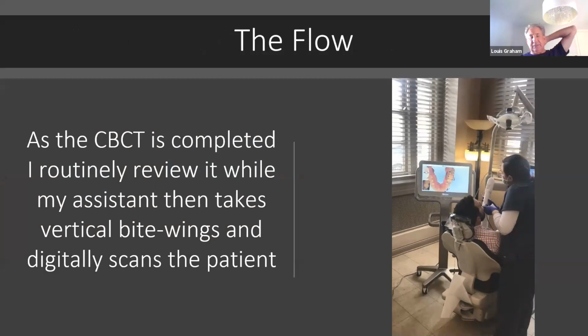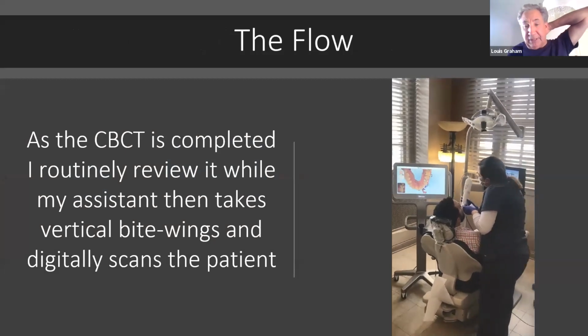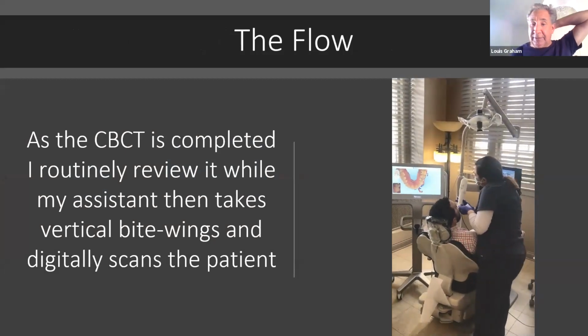So what happens is the cone beam's up, and I'm reading the cone beam while my assistant is digitally scanning the patient and taking vertical bite wings, period. Takes me about 4 to 5 minutes to read a cone beam. And if I see pathology or something I'm not comfortable with, I will send it out to a cone beam reading company, because for that, I need the reassurance.